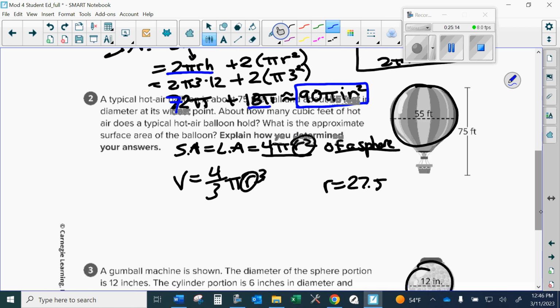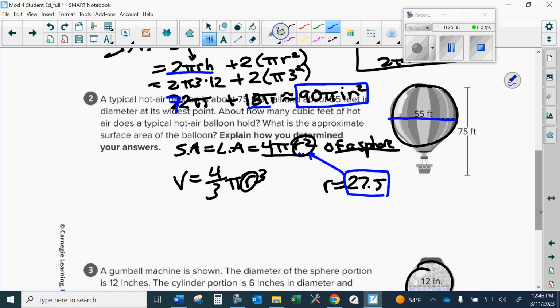Okay, so last one, we have volume of a sphere. So again, lateral area, or surface area, same thing as 4 pi r squared. R is half of that, that's the diameter. So it'd be half, 27.5, that'd be filling in to there.